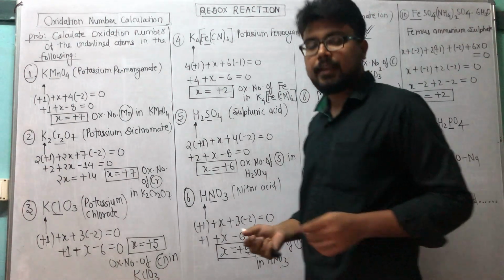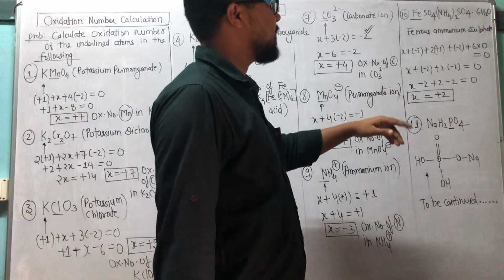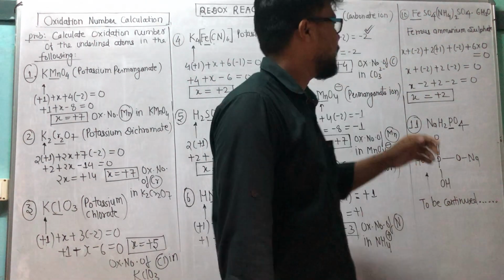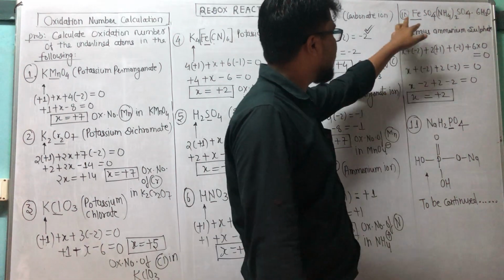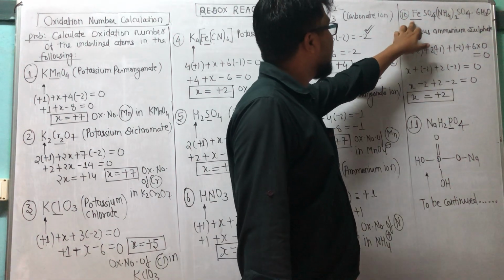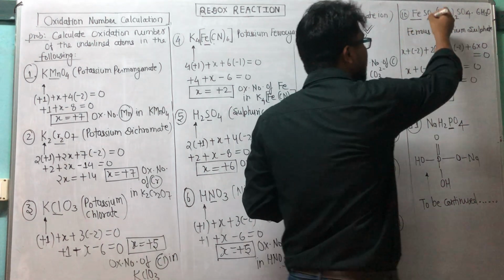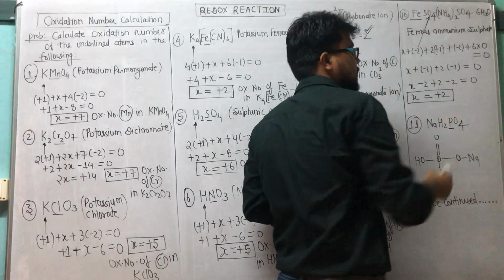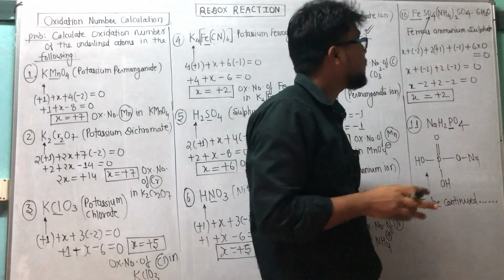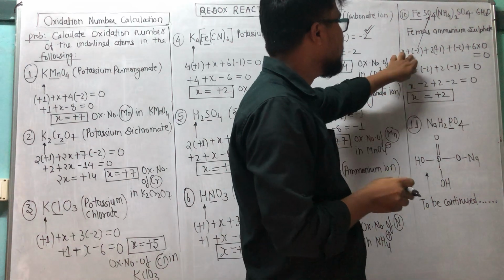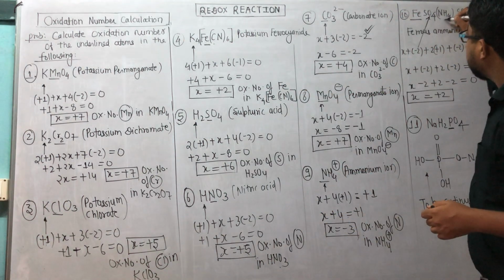Some complex case, FeSO4 dot (NH4)2SO4 dot 6H2O. It is ferrous ammonium sulfate, correct? So it is complex. So collectively, for Fe it is X. For sulfate I took the complete charge of SO4. Sulfate I mentioned in my previous video lecture, charge of ion. So charge of sulfate is minus 2. For ammonium I just calculated, it is plus 1.